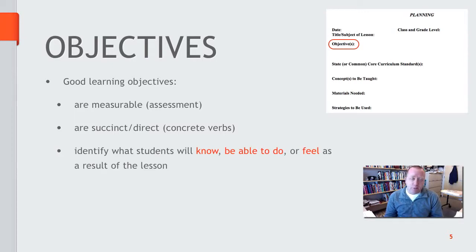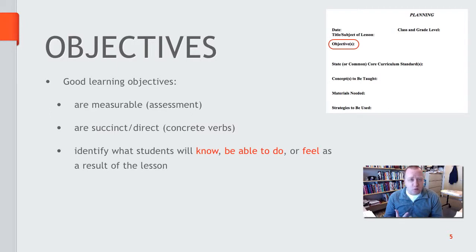Finally, and probably most importantly, a good learning objective identifies what students will know, what they'll be able to do, or what they'll feel as a result of the lesson. And we'll talk more about this in 377, but these are three primary ways of knowing, and these are the things that we're really focused on. What kind of facts or what terms or definitions are students going to know as a result of my lesson?